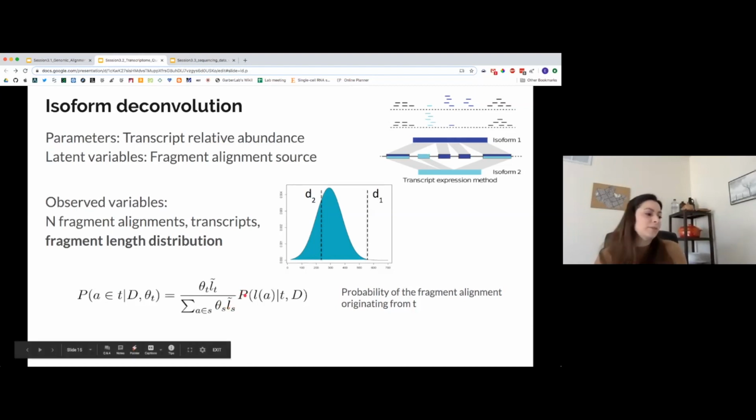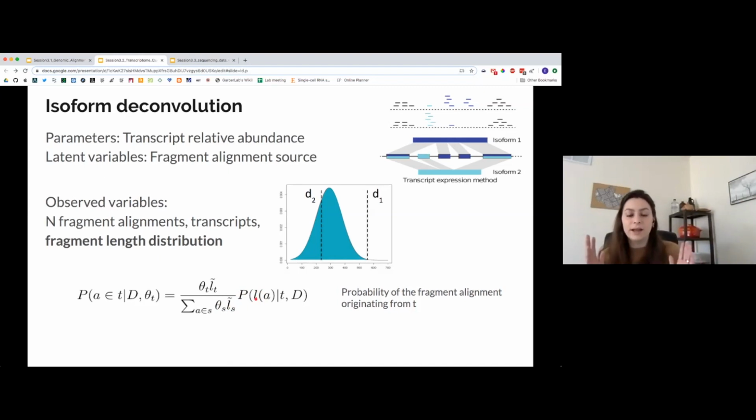And that will be multiplied by the probability that a given alignment with the length L between the two reads is originating from transcript T given the distribution D. So this is a problem that is solvable by an algorithm used by all of these methods called expectation maximization.